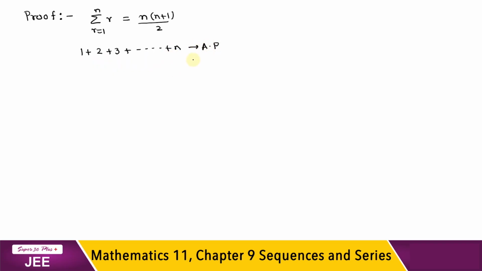This is an AP whose first term is 1, the nth term is n, or this can also be written as the last term, and the common difference in this arithmetic progression is 1 unit. So the sum of n terms of an arithmetic progression is given by n by 2 (a plus an), or (a plus l). If we know the first term and last term of an arithmetic progression along with their common difference, the sum can be written as n by 2 multiplied by (a plus l).